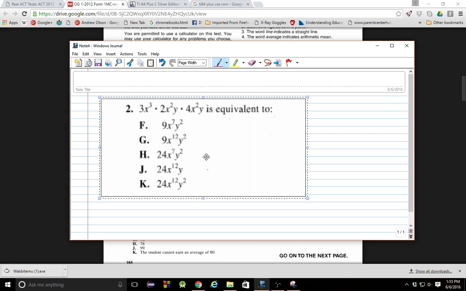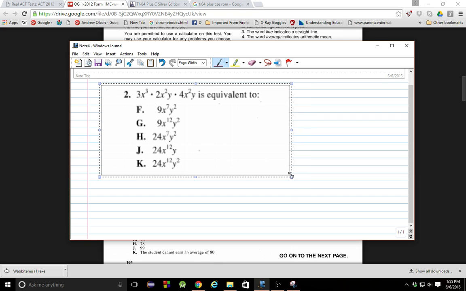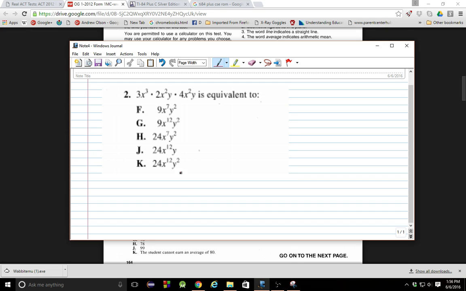3x cubed times 2x squared y times 4x squared y is equivalent to... The way we do this is we simply multiply like terms by like terms.